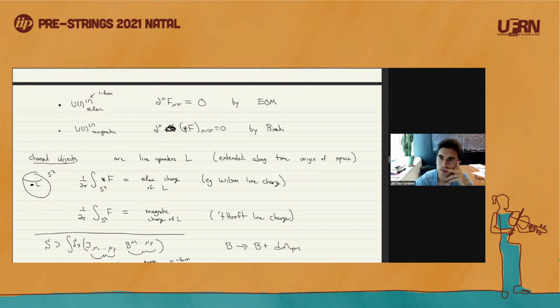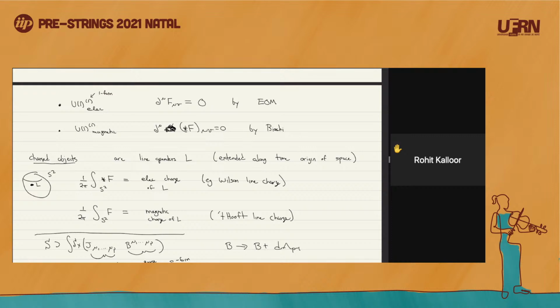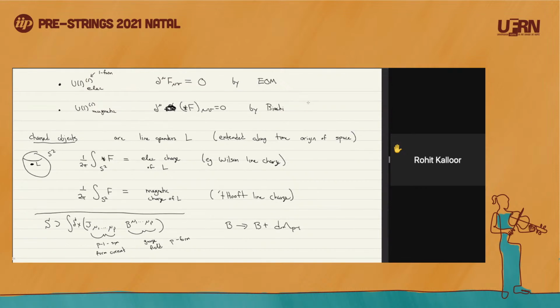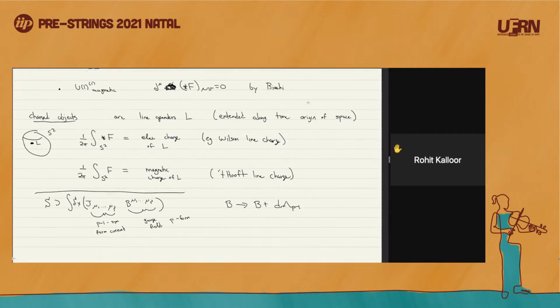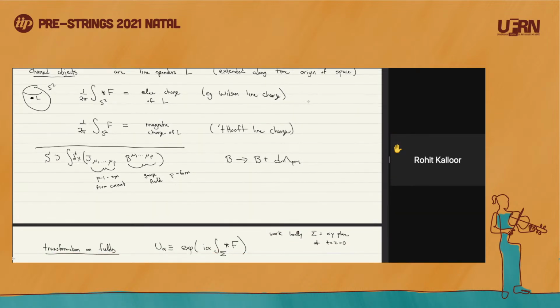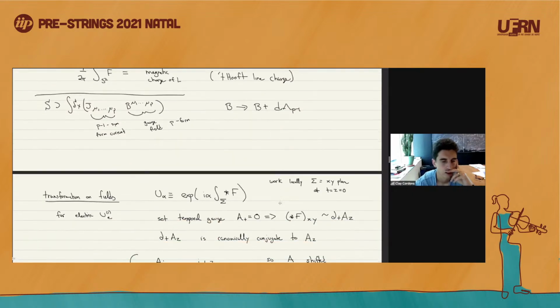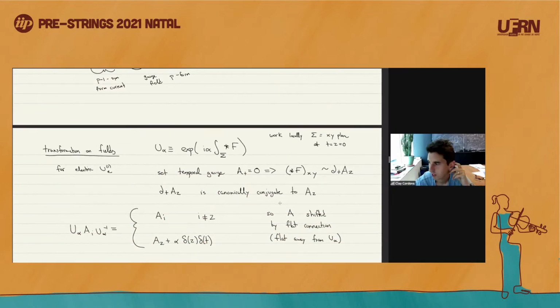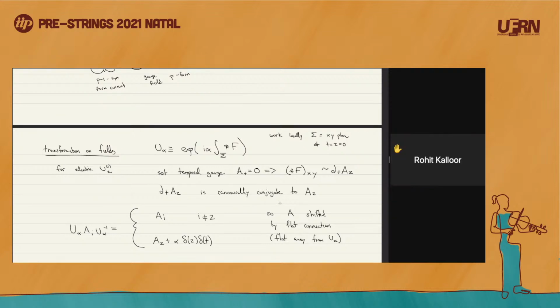Okay, the next question is from Rohit. Hi. So is there any notion by which you can stack line operators to get surface operators, like symmetry-wise? Stack line operators to get surface operators. By stack, you mean form some kind of mesh or something like that? What do you mean by stack? I'm sorry, I missed that sentence.